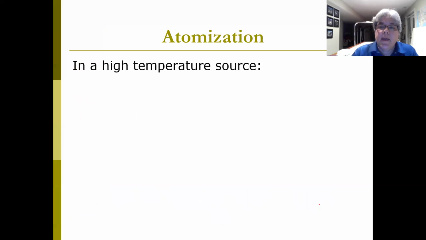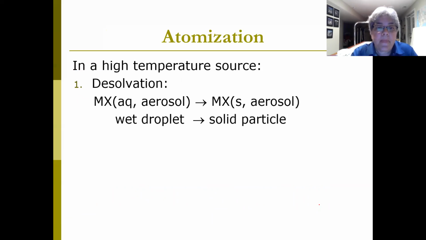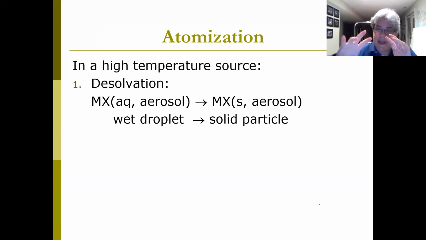So if you have a high temperature source, for instance, a flame, the first thing that happens is that mist, that nebulization product, goes into the flame. And the first thing that happens is desolvation. So you have wet droplets, small droplets of your sample, and you remove the solvent. So they become solid particles.